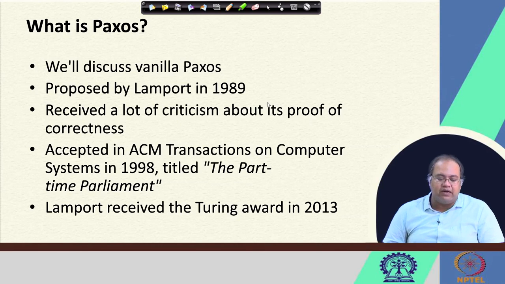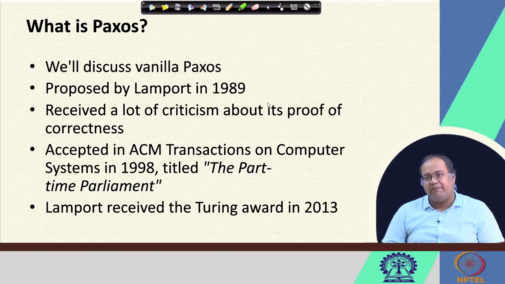This Paxos algorithm was proposed by Leslie Lamport in 1989. It received a lot of criticism about its proof of correctness, and finally it got accepted in ACM Transactions on Computer Systems in 1998, and the title of the paper is The Part-Time Parliament. I would suggest all of you to look into this paper. This is a very fundamental paper about distributed consensus.